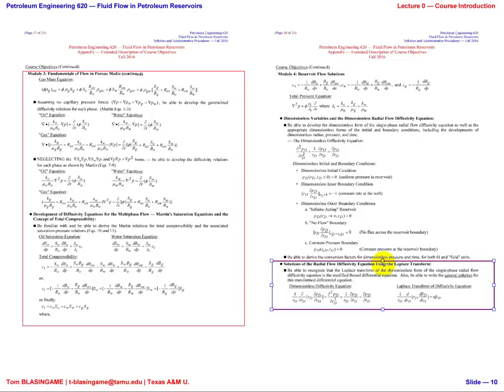What's our initial condition in terms of pressure? Initial pressure. All the pressure at all points in the reservoir is at initial pressure. How many papers are there written where the pressure in the reservoir is not static, is not uniform?